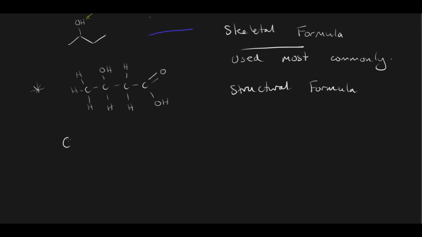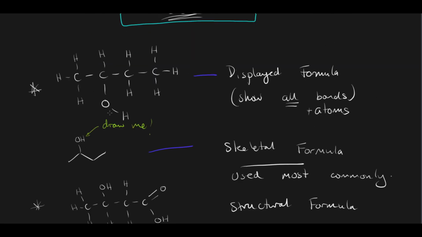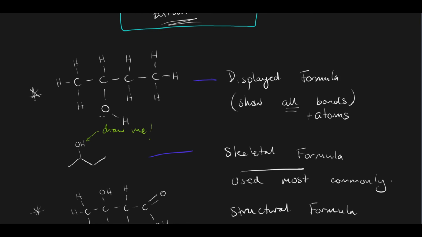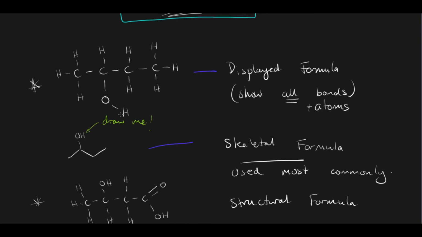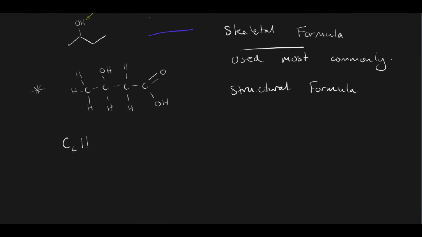So I've got 4 carbon atoms. I've got 1, 2, 3, 4, 5, 6, 7, 8, 9, 10 hydrogens. Don't forget the one on the oxygen. So we've got H10. And then I've got 1 oxygen, so we don't draw the number, we just put O. There's a little imaginary one here that we don't draw. So this is the molecular formula.